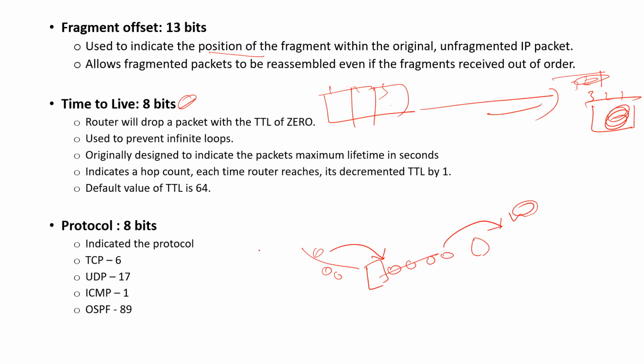Here segmentation is happening. Segmentation is dividing the packet into multiple pieces, and reassembling means reassembling the data based on the sequence number, which is similar to the segmentation and reassembling process.